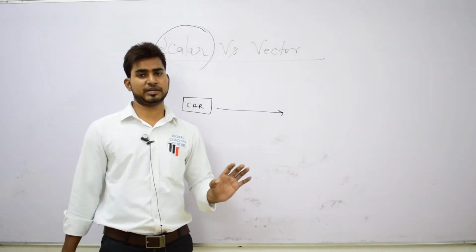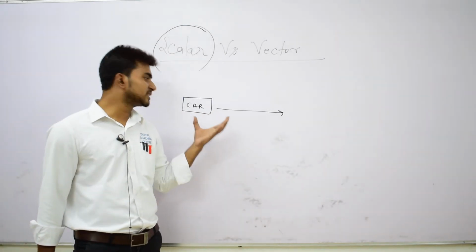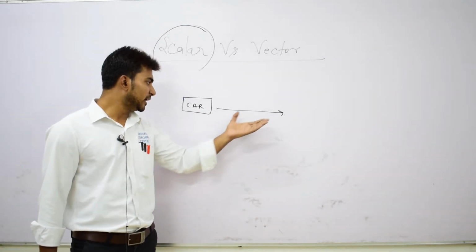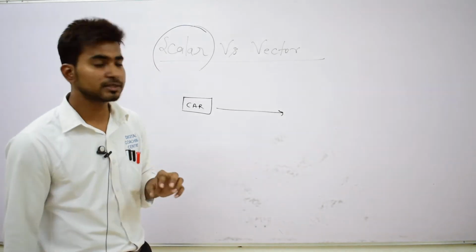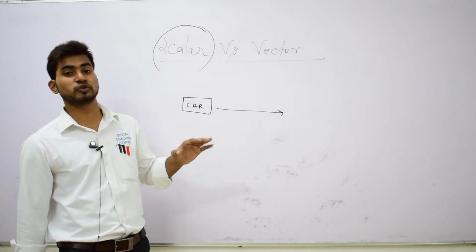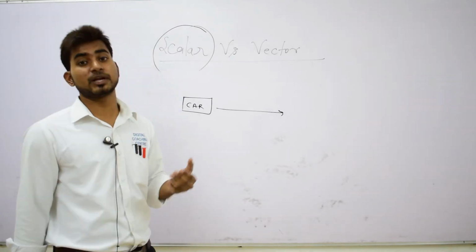Now if we want to describe or explain its motion, what do we need? Two terms: how fast or slow the car is moving, and in which direction the car is moving.